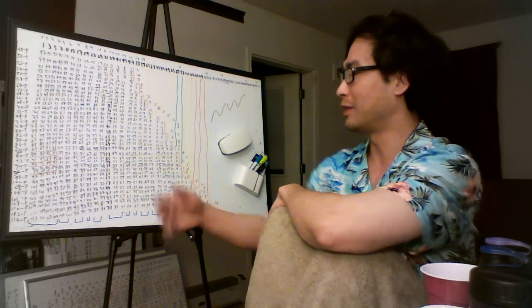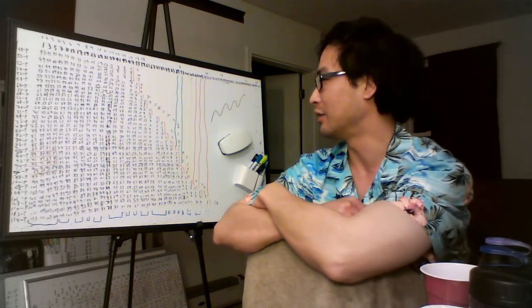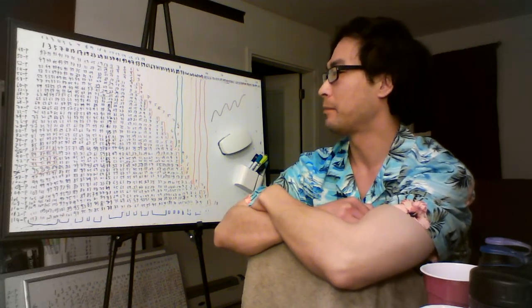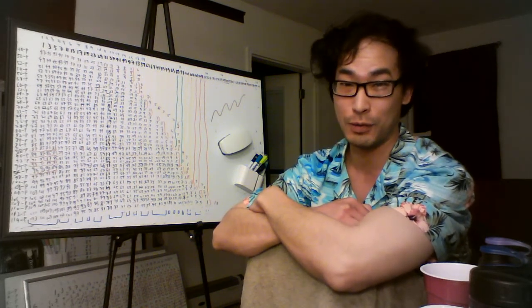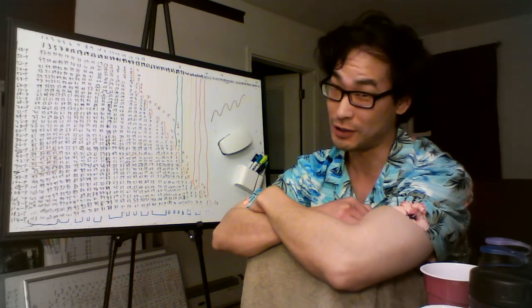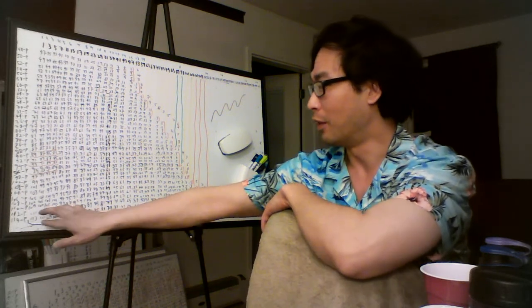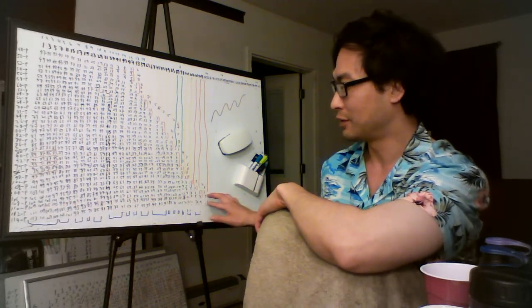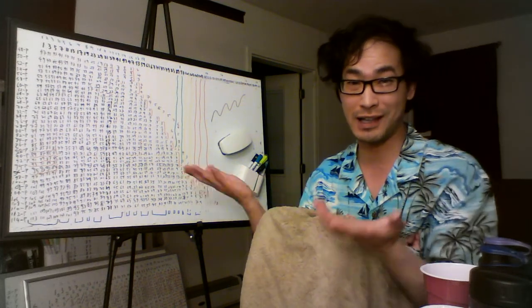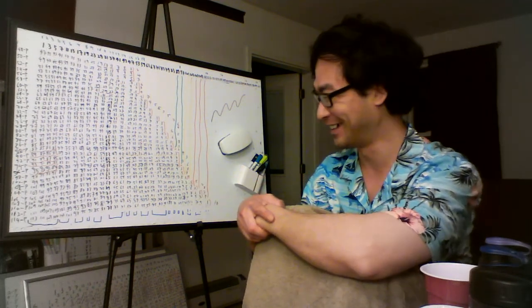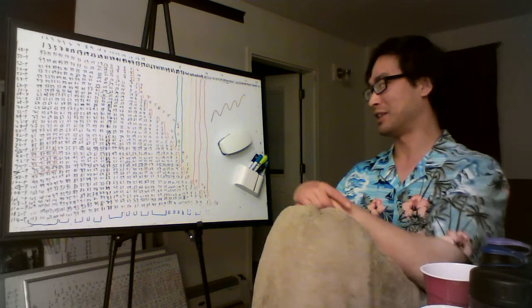The probability of finding a prime number will get smaller and smaller, but at the same time the number of numbers will get bigger and bigger. So they may cancel out each other. That's what I'm thinking.